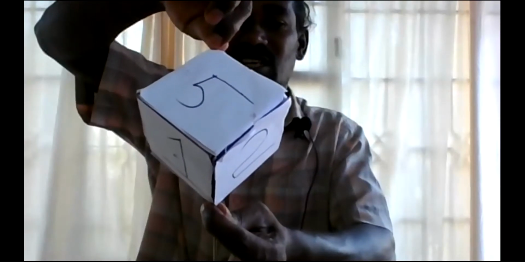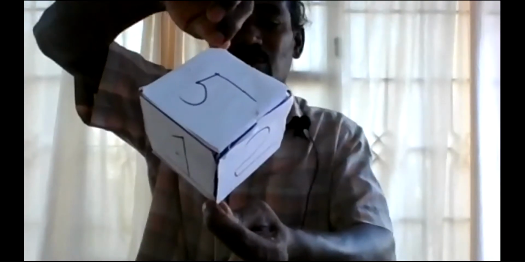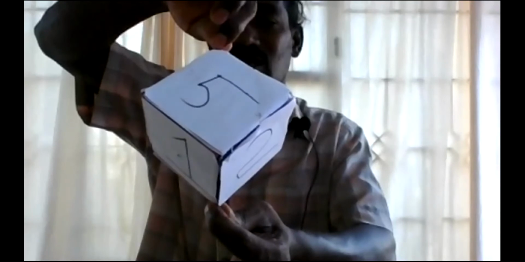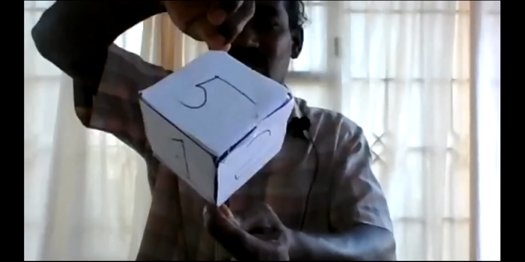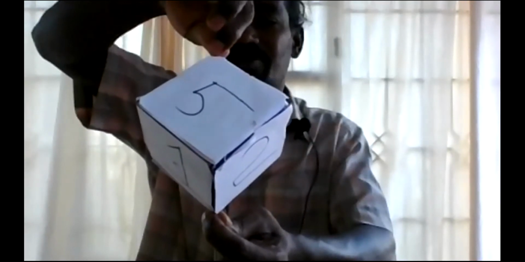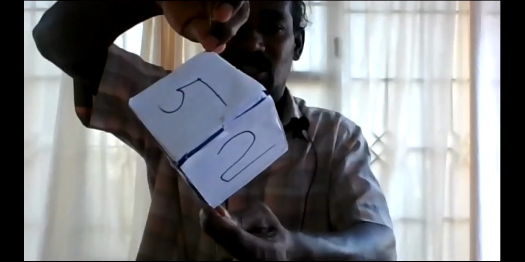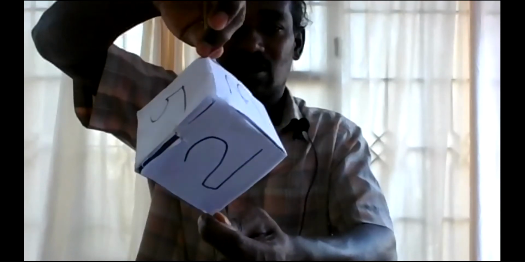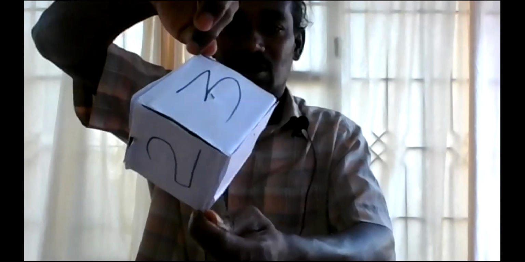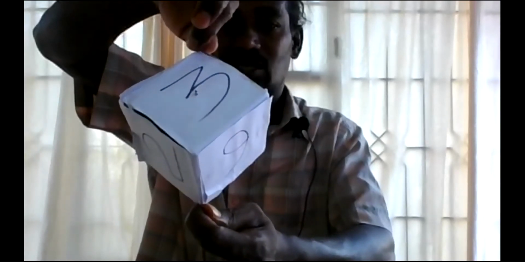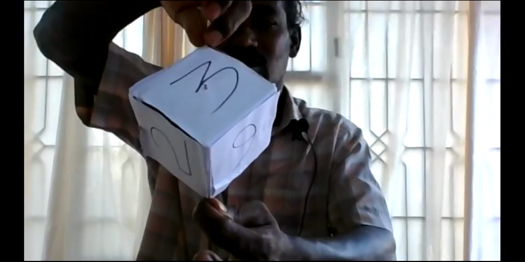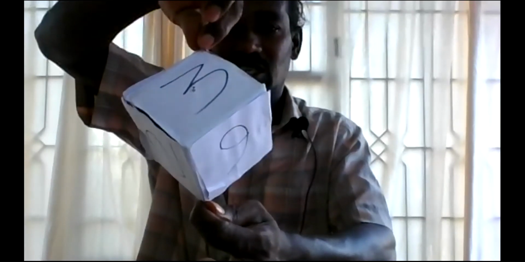Shall we say we got similarity in image like the initial? Then we will rotate with respect to this axis. Shall we say similarity in image with respect to the initial? Rotation is continued.